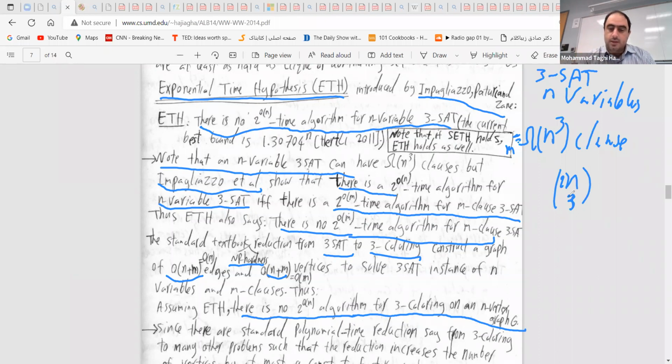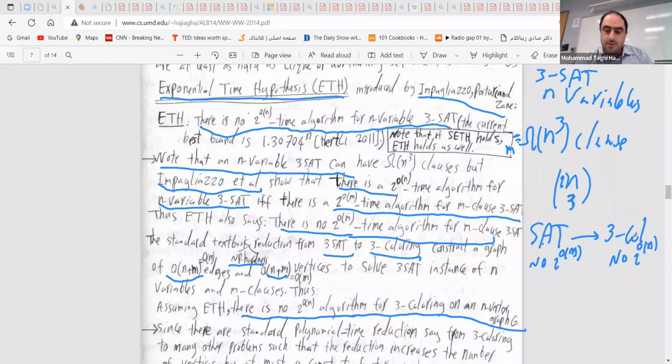So from the SAT hardness, ETH for SAT, we can get essentially the corresponding result for 3-coloring. There is no 2 to the little o of n or m here, and it means no 2 to the little o of n for 3-coloring.